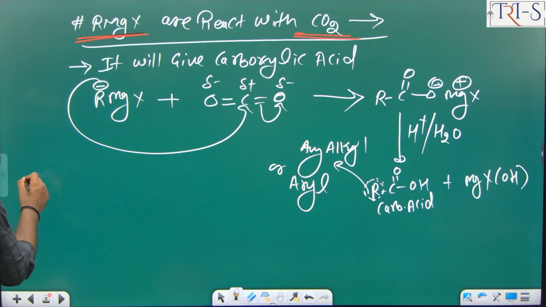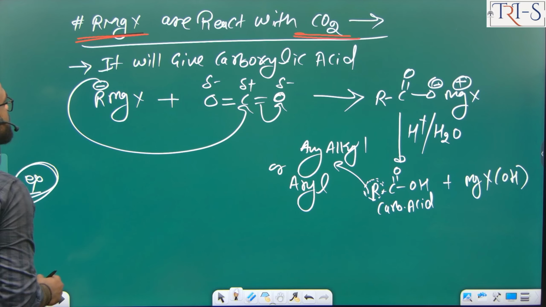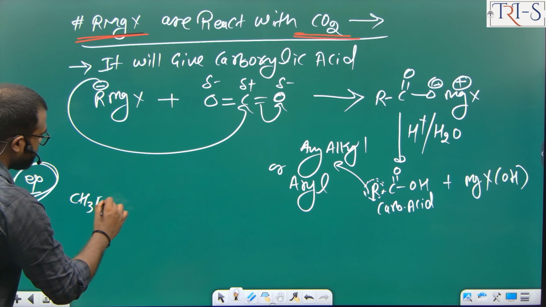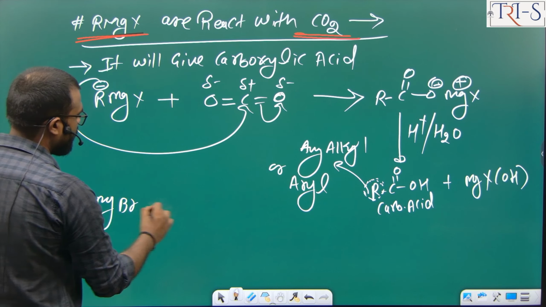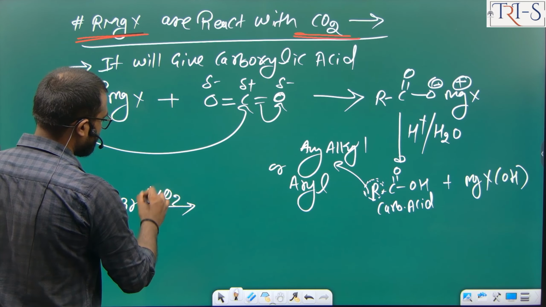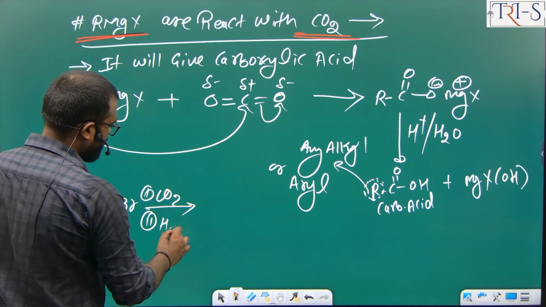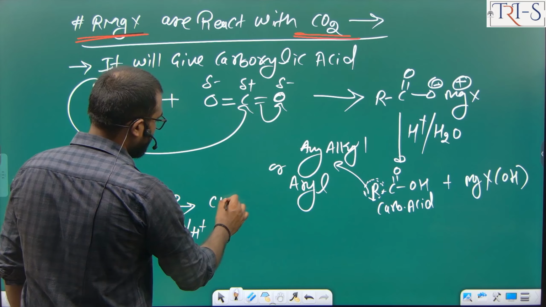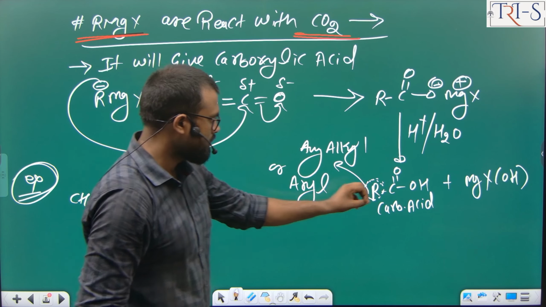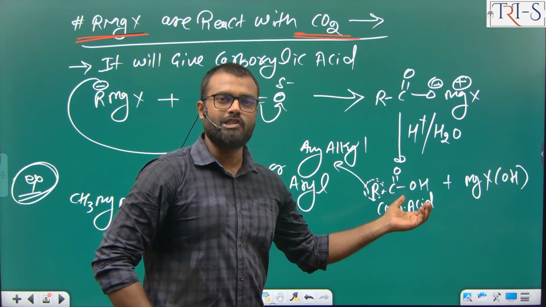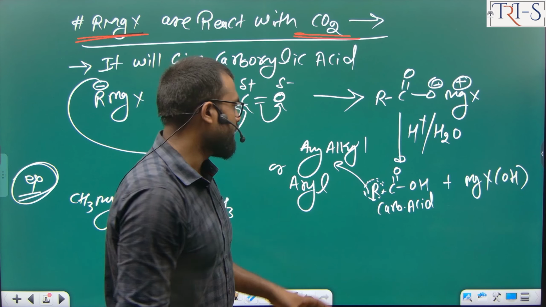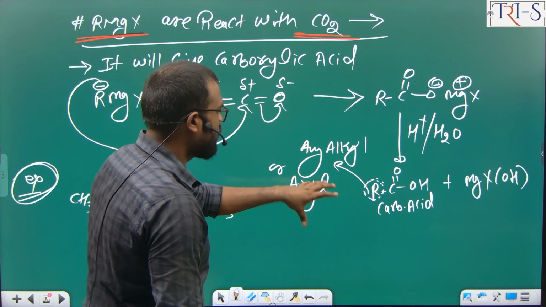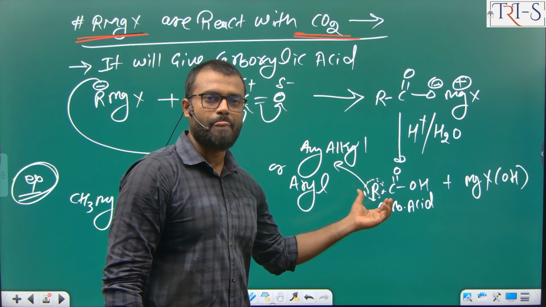That is, if we talk about an example, CH3MgBr on reaction with CO2 and solvent will give CH3, with one carbon already present in the carbon dioxide, and the other R obtained from the Grignard reagent.